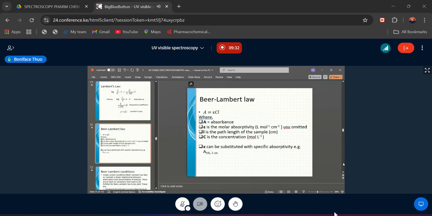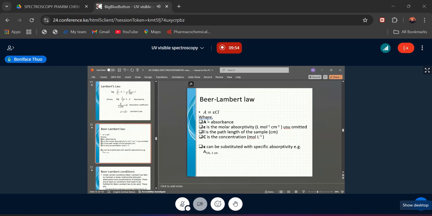So when combined, we get absorbance is a function of concentration and path length and the molecule of interest. So this equation is for absorbance.